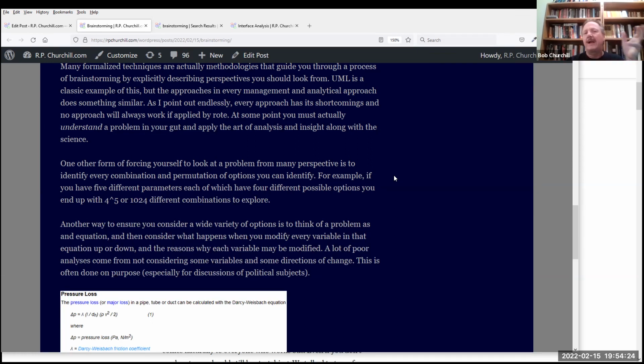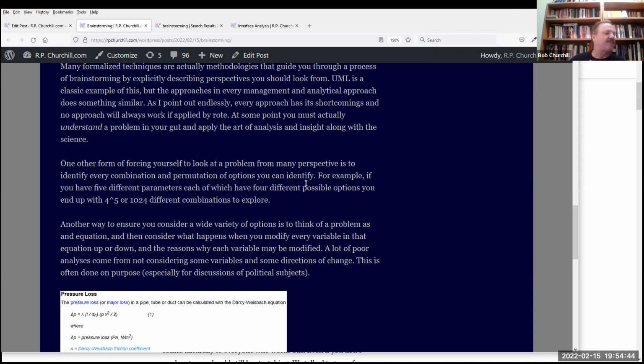That's kind of an optimization problem on the one hand, but just listing all the possibilities and all the combinations really helps you think of things you might not have done before.